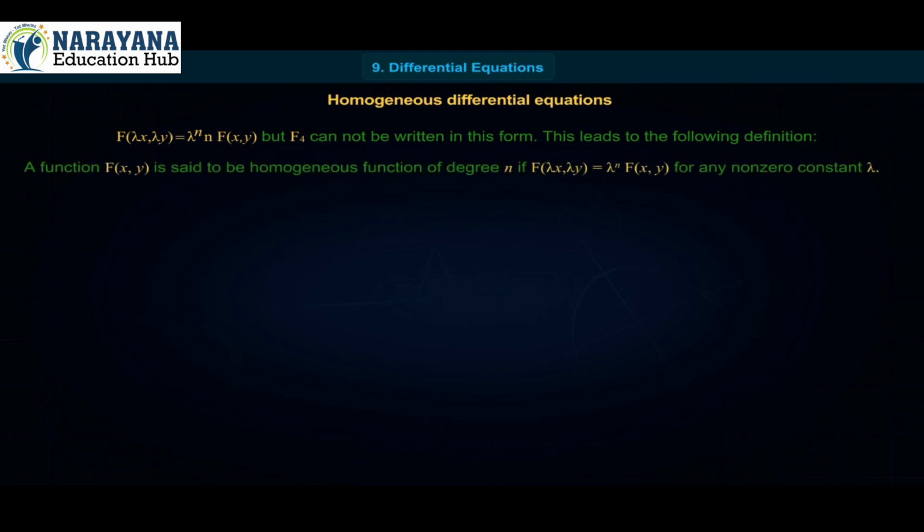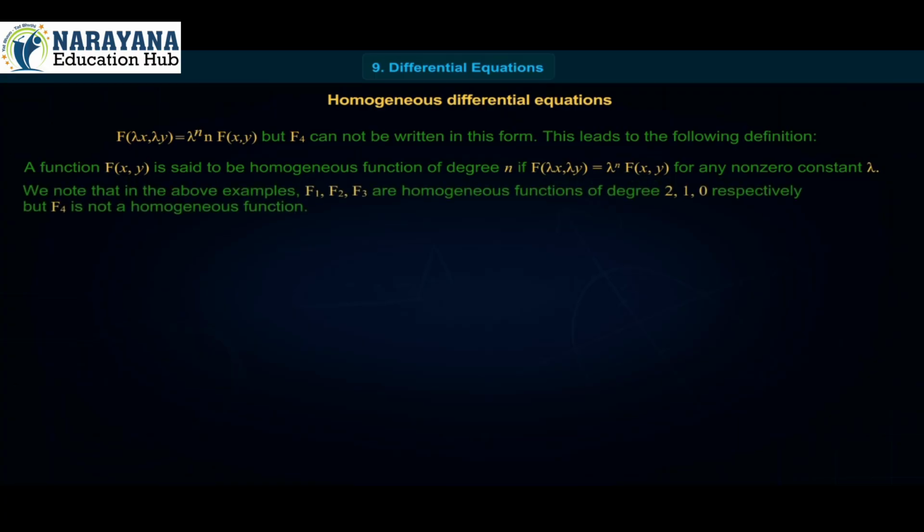A function f of x, y is said to be a homogeneous function of degree n if f of lambda x, lambda y is equal to lambda raised to n f of x, y for any non-zero constant lambda. We note that in the above examples, f1, f2, f3 are homogeneous functions of degree 2, 1, 0 respectively, but f4 is not a homogeneous function.